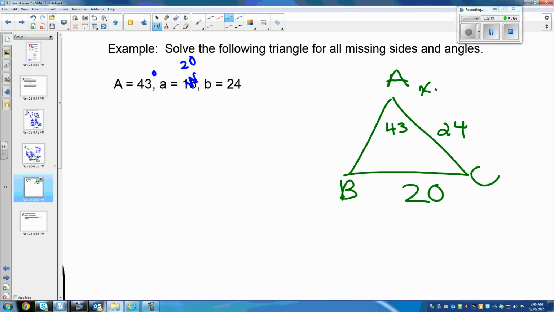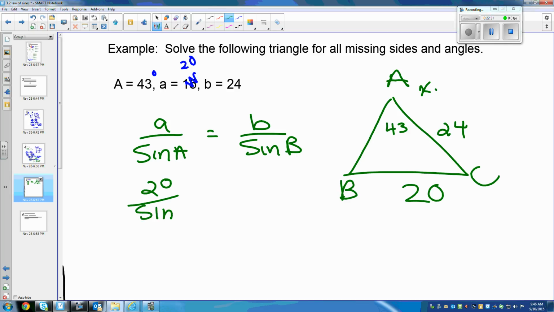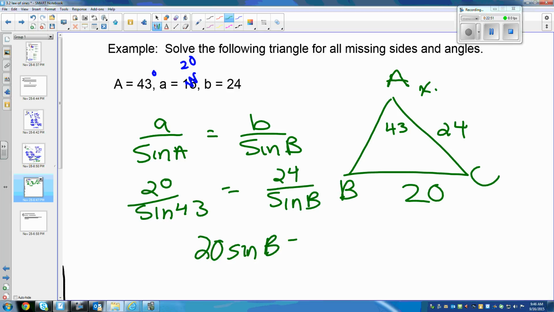So I'm going to write A over sine A equals B over sine B. I'm just going to fill in 20 over the sine of 43 is equal to 24 over the sine of B. You could put x there, that's okay, but we can leave it as B because it's just a variable. So when we cross multiply, we get 20 sine B is equal to 24 times the sine of 43.